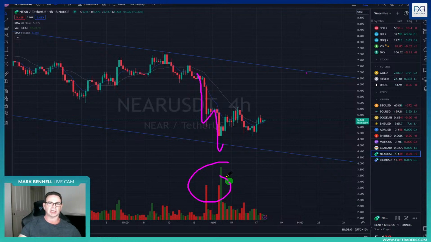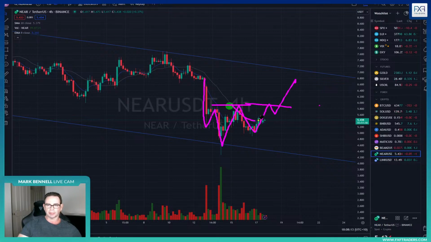Is that just into 3? Maybe. What will get me bullish on this is price above here, a quasi little inverted head and shoulders, which would get price above the moving average. So that one's a little bit more positive.